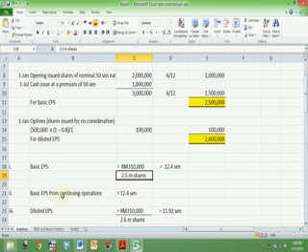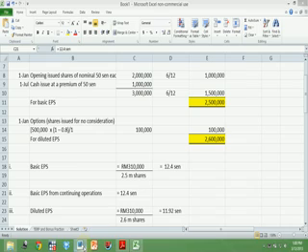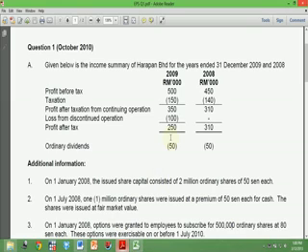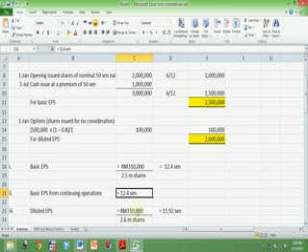So same goes to the basic EPS from continuing operation, because for you don't have any discount. Let me see the answers. Okay, there's no loss from discontinued operation, so the basic EPS is also the same from continuing operation.